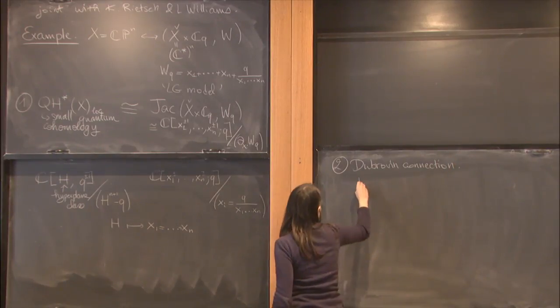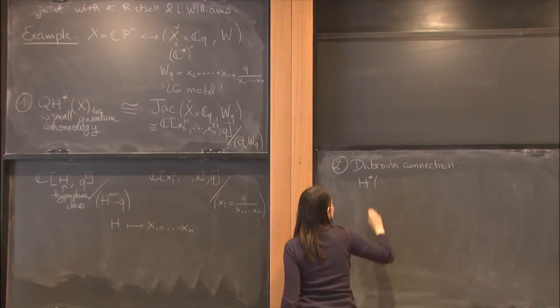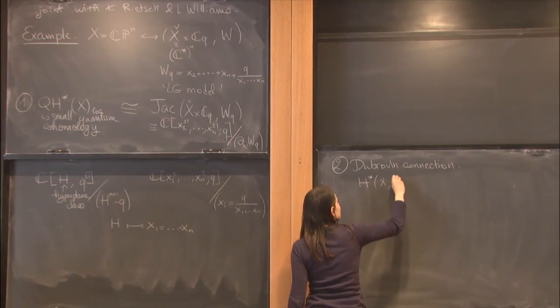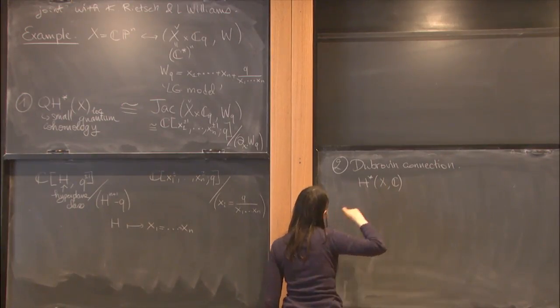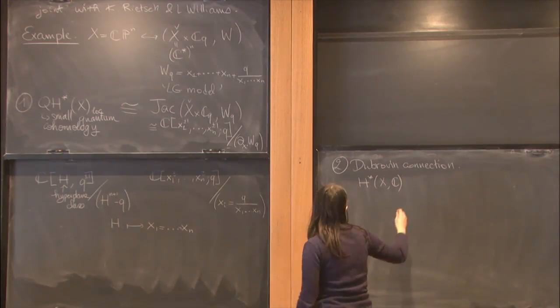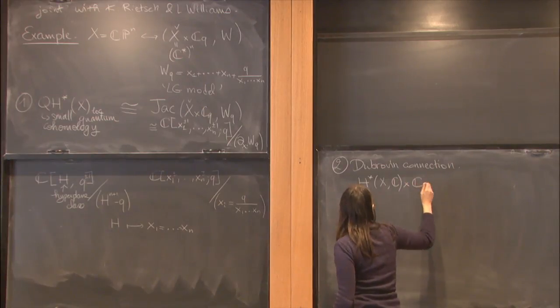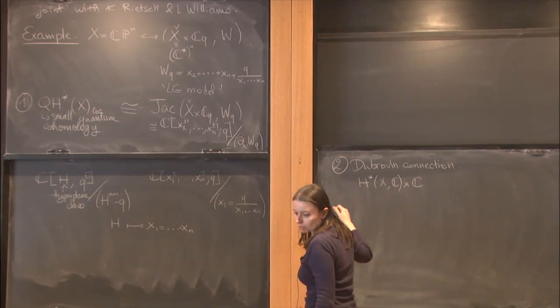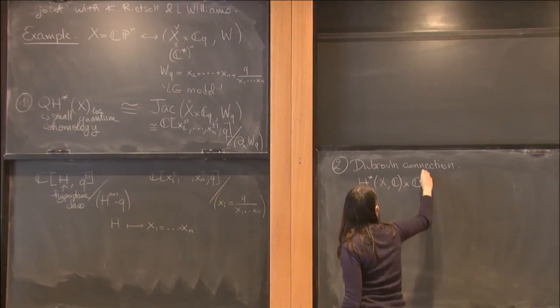So it's a trivial vector bundle, with fiber the cohomology of my projective space, and the quantum parameter.